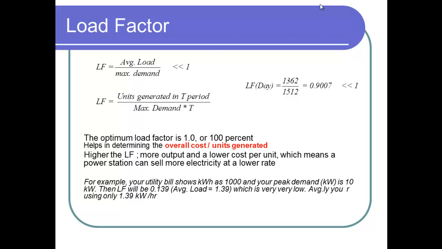So if we calculate the load factor for that particular day, it's about 90%, which is nearly equal to 1. So for the Delhi plant, we need not bother, the performance of that is good.